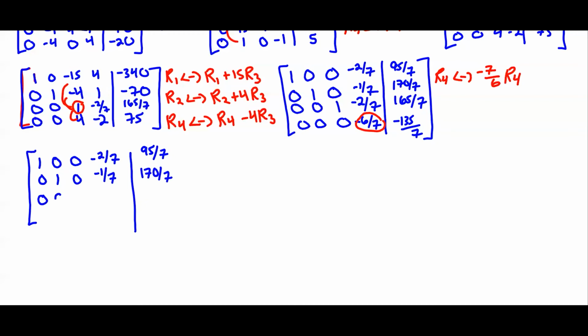Everything else stays the same. So what's the last one? So we've got negative 7/6 times negative 135/7. So these cancel.